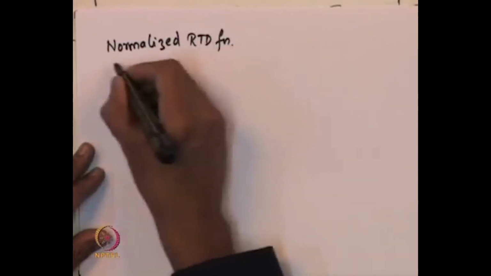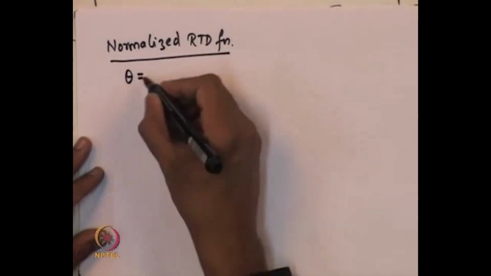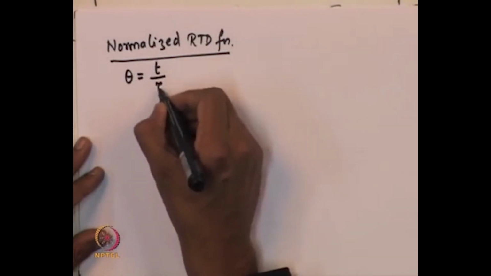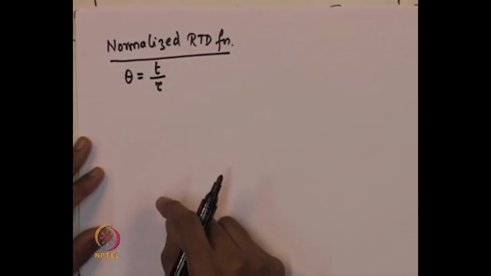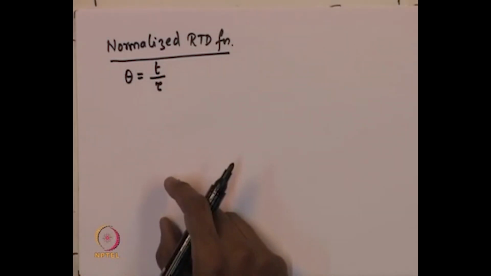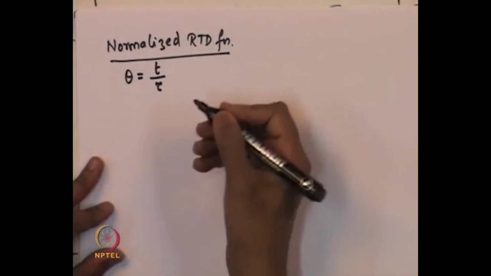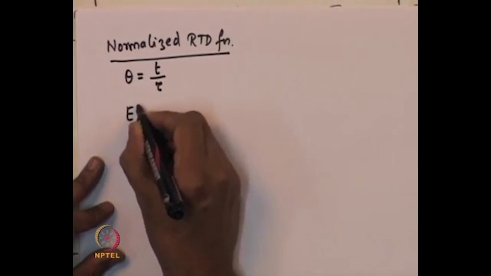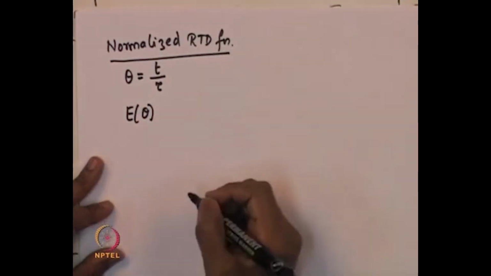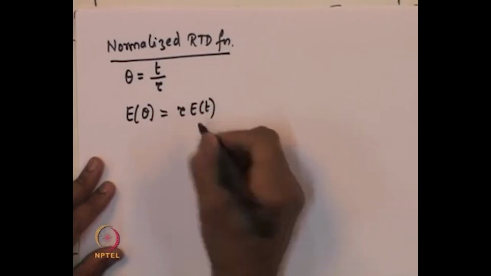Suppose we define theta as the ratio of t divided by tau, where tau is the space time of the reactor. If you define theta as the ratio of time to the space time of the reactor, then we can rewrite the RTD function E theta as tau multiplied by E t.